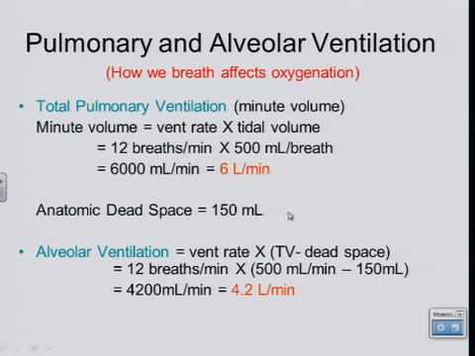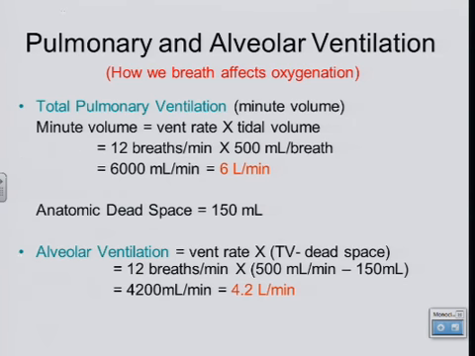And we also talked about alveolar dead space, which in essence is still wasted ventilation and is included in dead space ventilation. So when you calculate alveolar ventilation, that refers primarily to ventilation that goes to the alveoli that's available and involved in gas exchange.